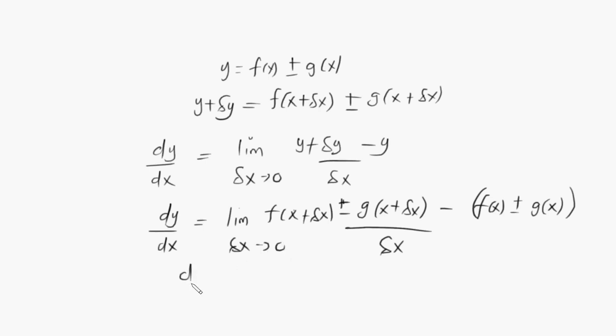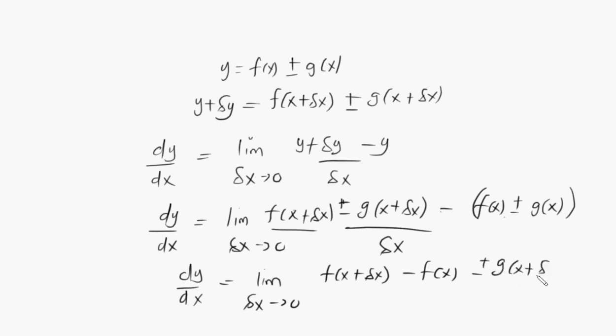So the derivative of y with respect to x now is just, listen, I can take this one and then I minus with this. I can arrange these properly from above. So it will be f(x plus delta x) minus f(x), you see? Plus or minus g(x plus delta x) minus g(x) over delta x.